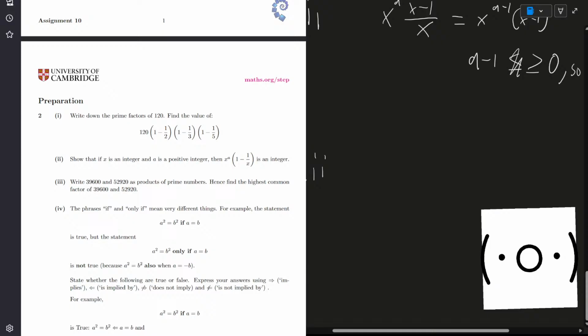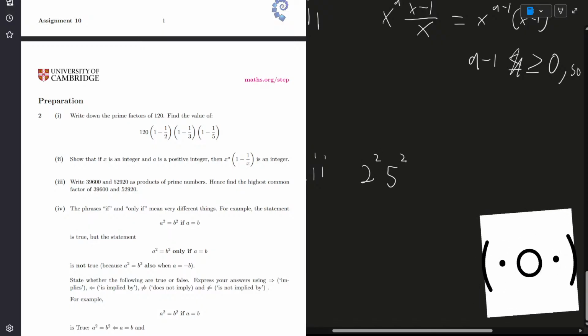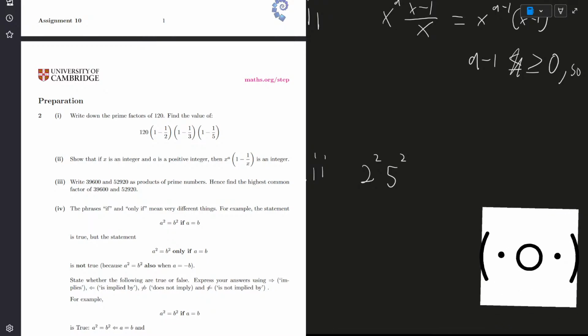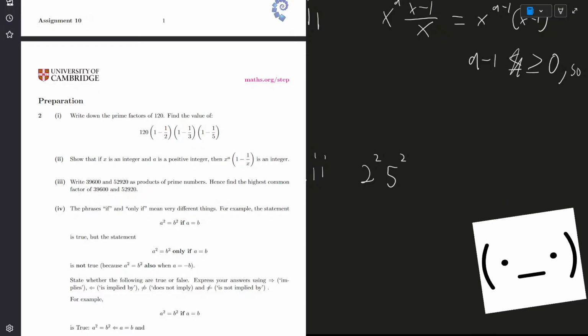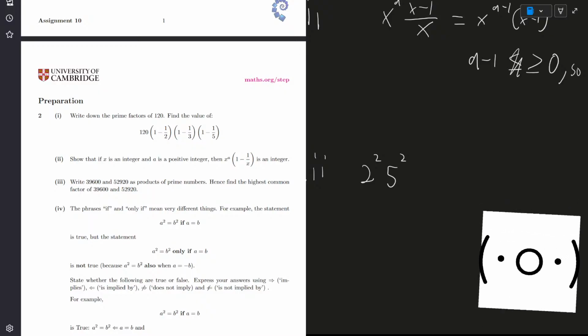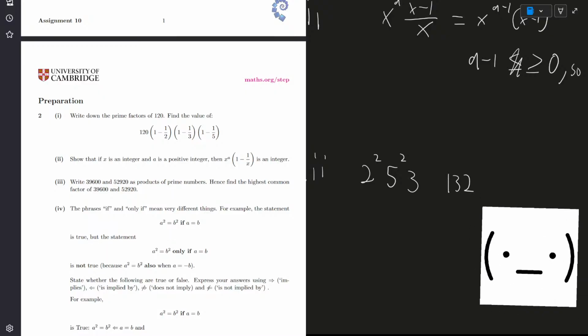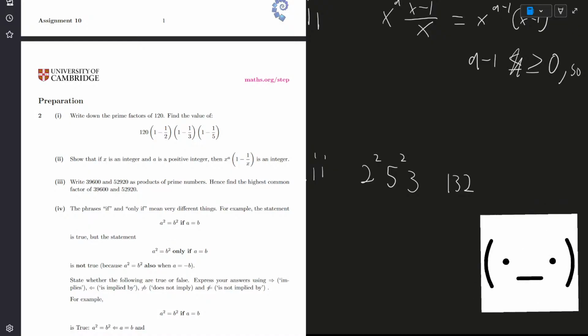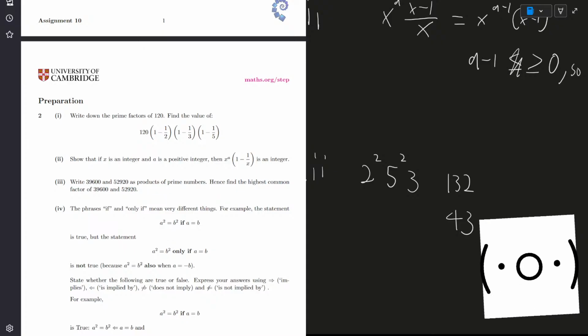Write these two funky little numbers. So we know that 100 is definitely a factor, so we can just reduce that to 2 to the power of 2 and 5 to the power of 2. Then we've got 396, so 3 is definitely a prime factor, so it reduces into 132. And 3 is actually a double factor, so it's 4 times 3.